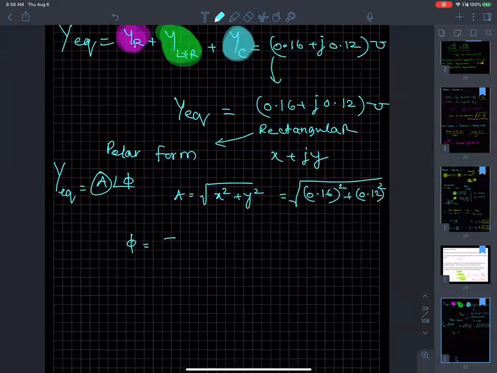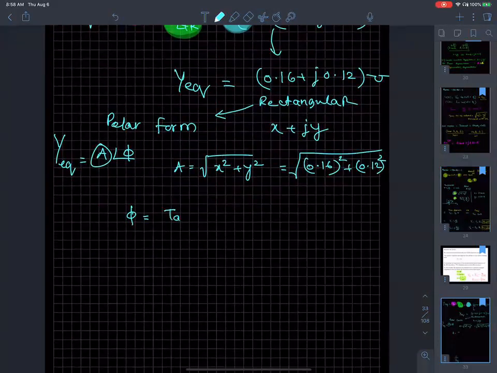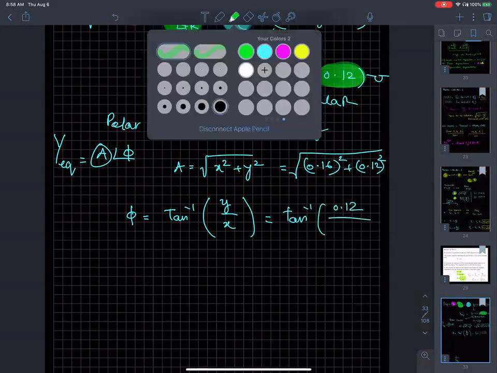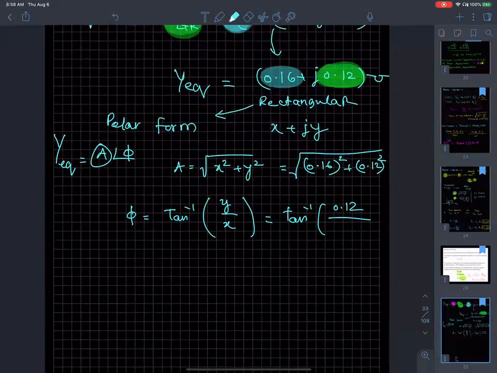Here the imaginary part is 0.12, so tan inverse of 0.12 over the real part, 0.16.